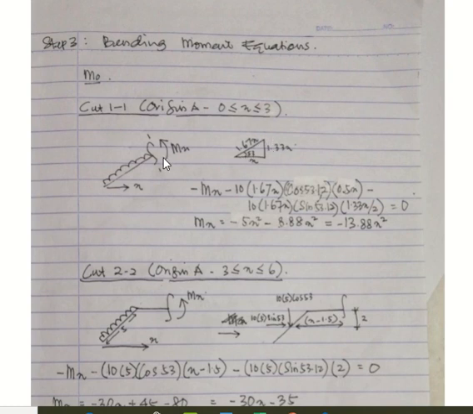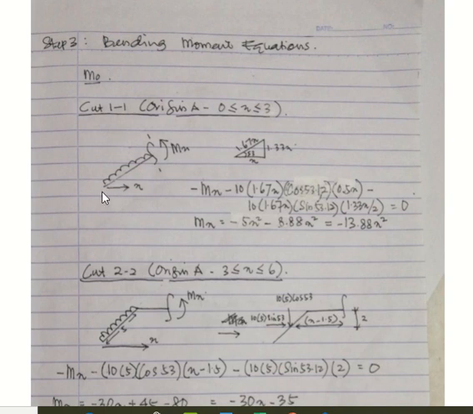So we consider the bending moment equation at cutting number 1, at this point. All of the load you will calculate using the dimension from the load to cutting number 1. So this is the summation of moment at cutting number 1. Clockwise, we consider positive value. That's why we start with minus Mx, because this Mx is anti-clockwise.